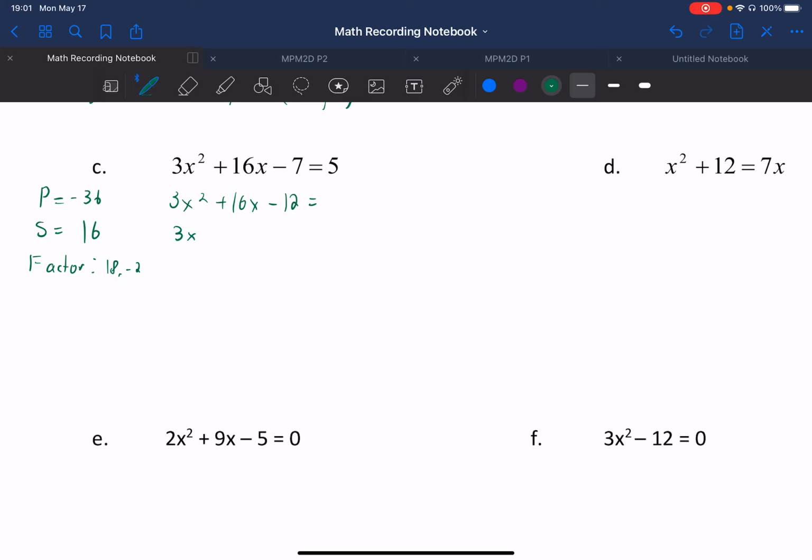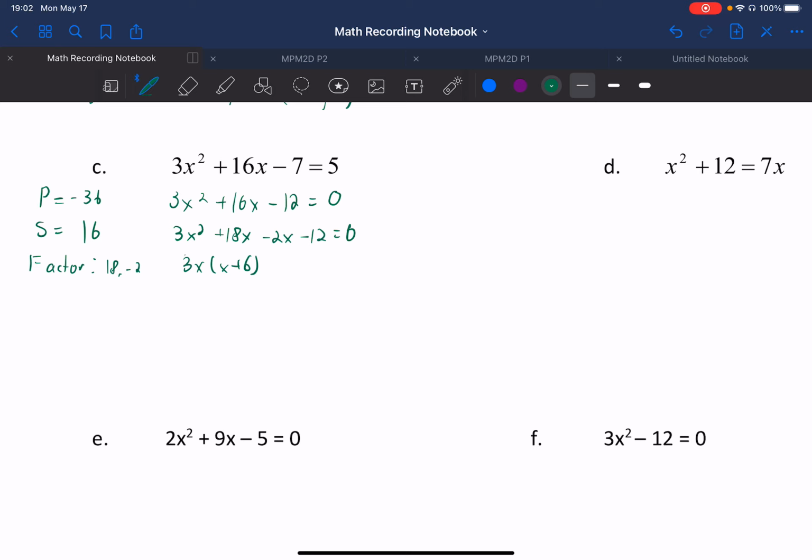So we get 3x squared plus 18x minus 2x minus 12. This is still equaling 0. Our factors, we're going to pull out some information from this one. So we get 3x bracket x plus 6.